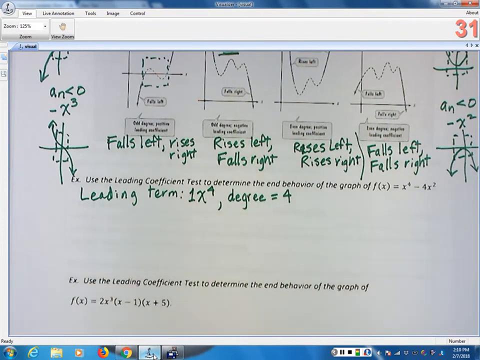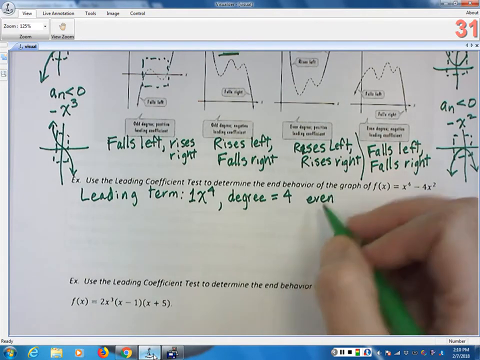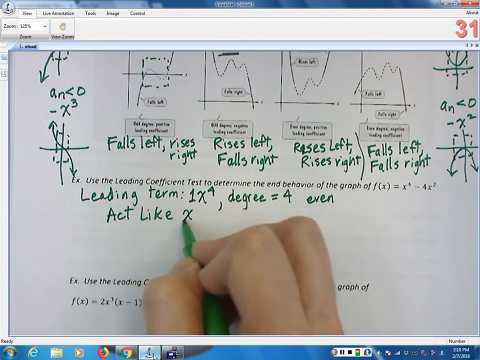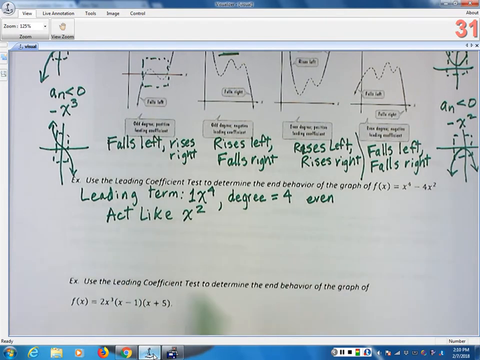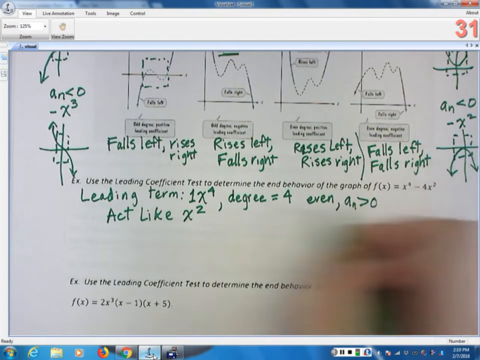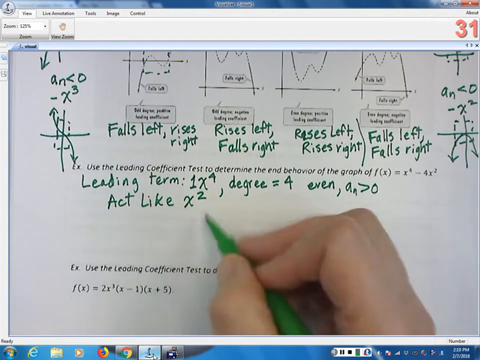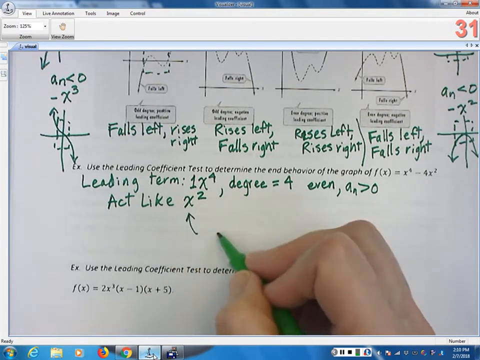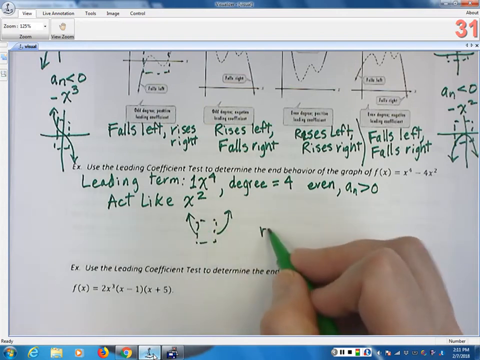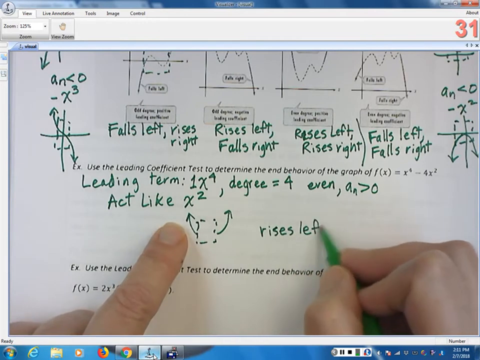N is 4. That's even. So it's going to act like x squared in its end behavior. Our a sub n is positive, 1 is greater than 0. So you're going to say for the end behavior that it rises left, rises right.